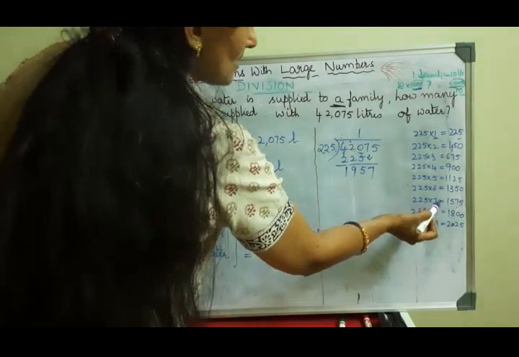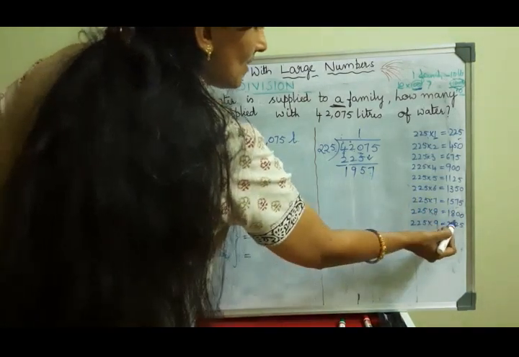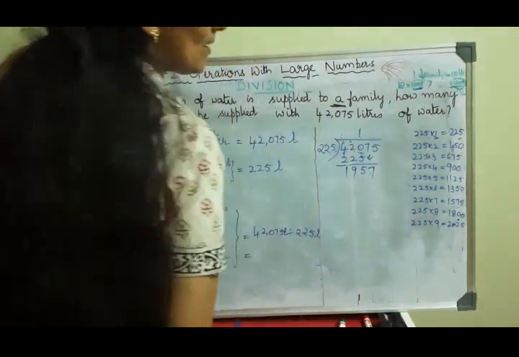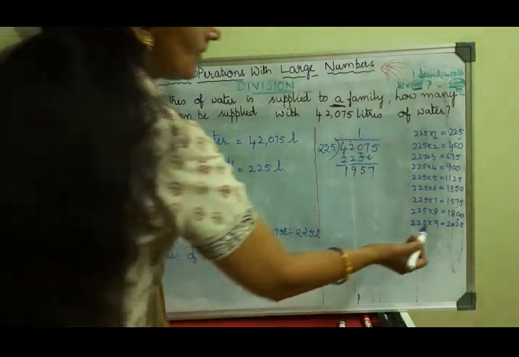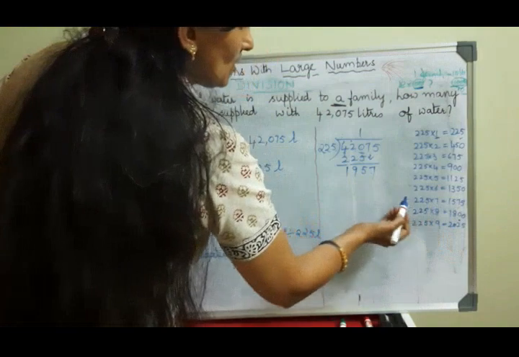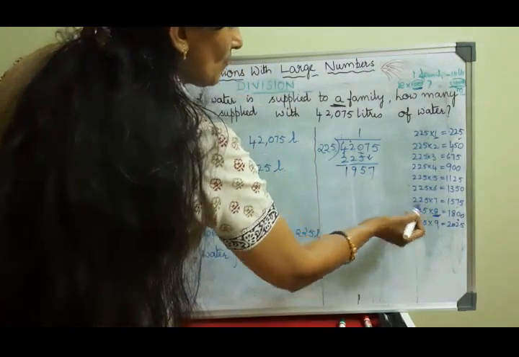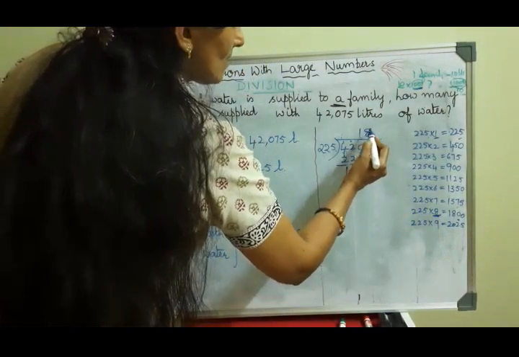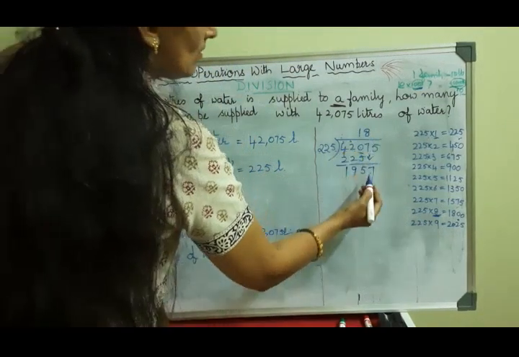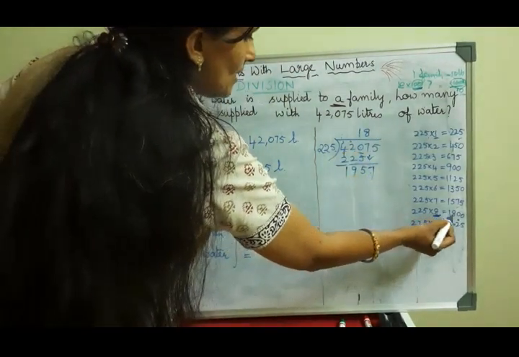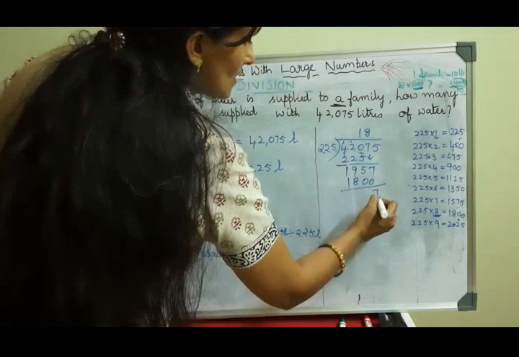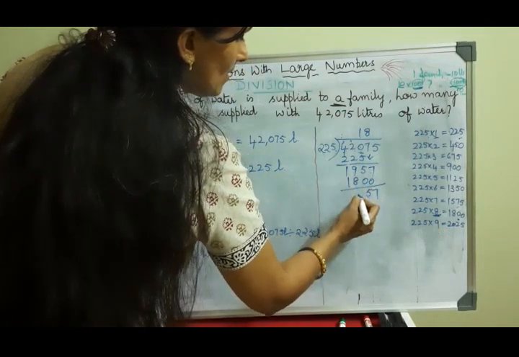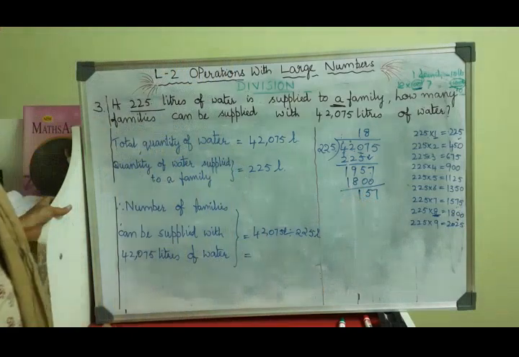Where is 1950? It is here, right? After 8. It is between 1800 and 2025. So which table do you have to opt for? It is 8. Now 225 into 8 is 1800. 7, 5, 9 minus 8, 1.